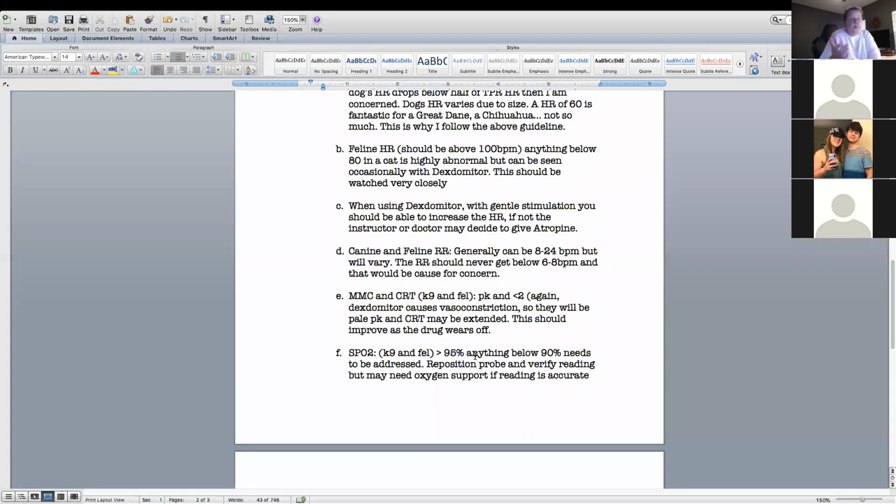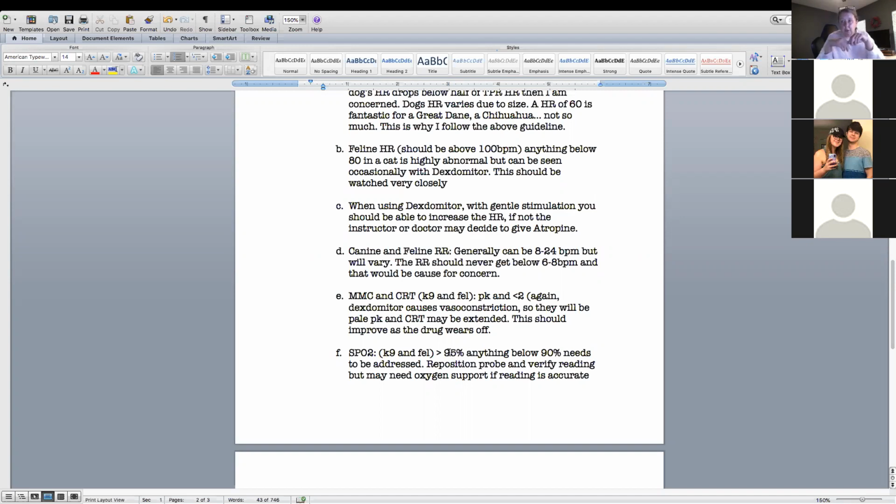What you're going to want to look for is anything above 95% is normal. If you're getting between 95 and 90, it's considered lower. We don't like anything below 90. So 90 is my absolute cutoff. But the problem is you have to verify that that's a correct reading. Sometimes the probe sits on the tongue and it blanches out the tongue for an extended period of time.